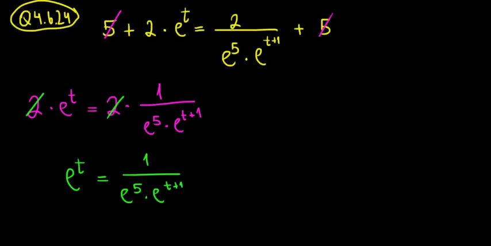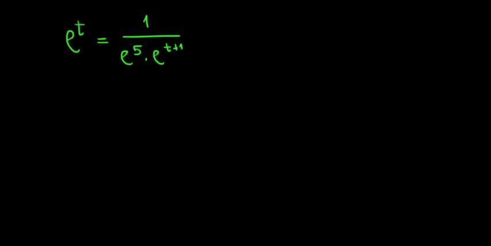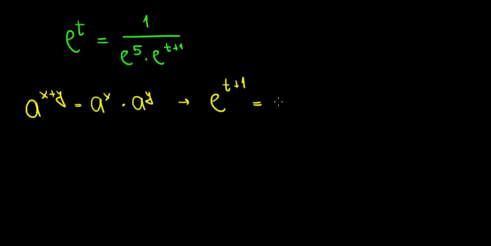Okay, what do we do next? We have e to the power of t plus 1. Well, remember the following power rule: a to the power of x plus y equals a to the power of x times a to the power of y. So we have the same base, different powers, and we add them up, which means that e to the power of t plus 1 we can write as e to the power of t times e to the power of 1.